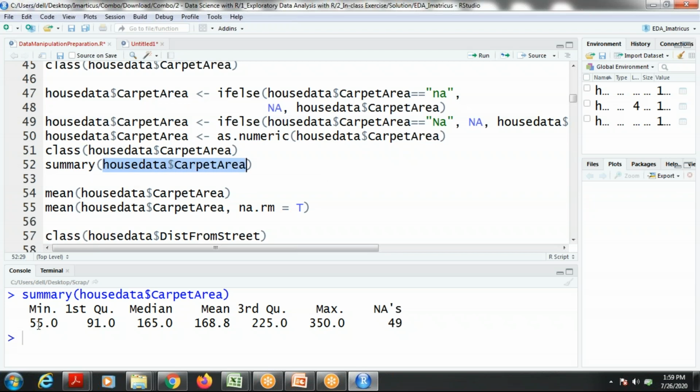It says the minimum is 55, the maximum is 350, and some missing values are there. Fine, we are okay. There are some missing values, we know it. But now it is numeric, it is no more character. Clear? I hope that is fine.